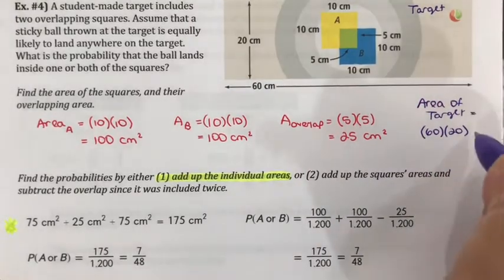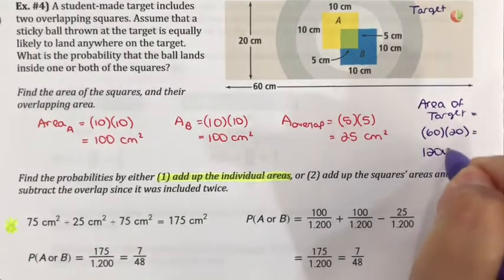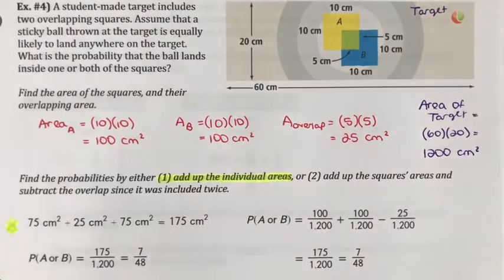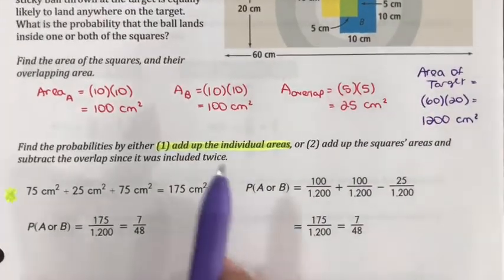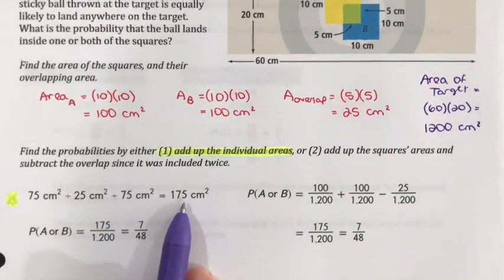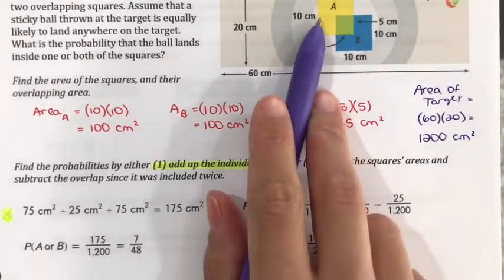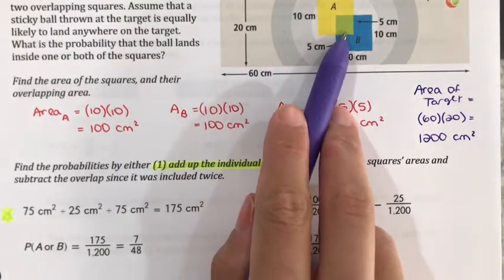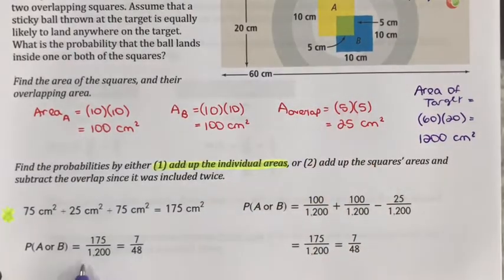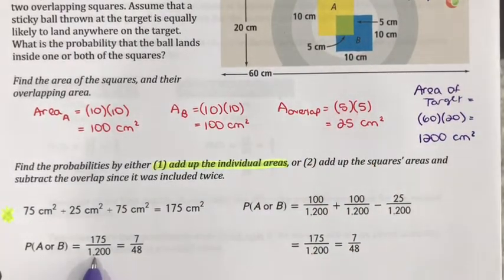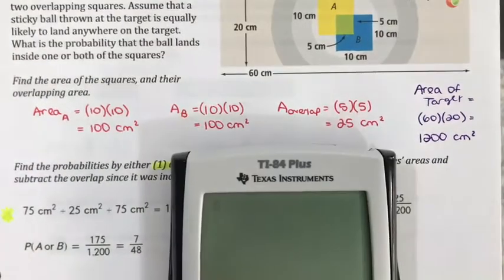Now when I multiply those, I get 1200. So for the probability, I take my successful area, which is this portion, the overlap, and then the bottom portion, and I put it over the total possible area, which is 1200. Okay, throwing this into my calculator, I get 7 over 48.